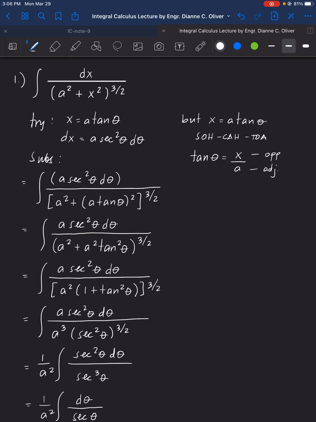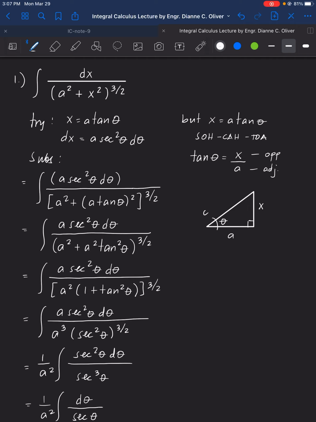So in the triangle, let's close the triangle. In the right triangle, if we have this as the theta, then dealing with tangent theta, the opposite is x, then the adjacent is a.